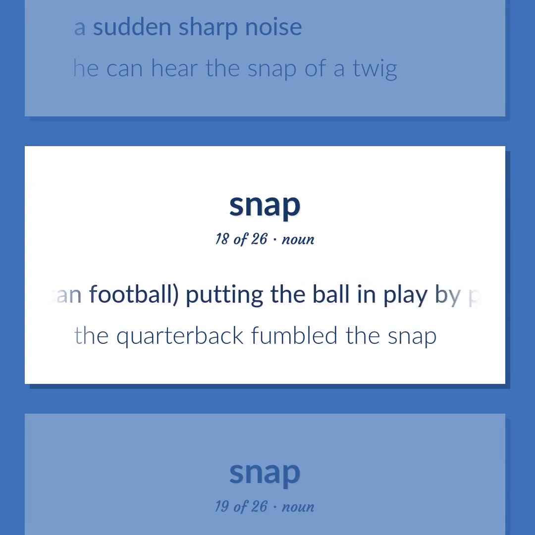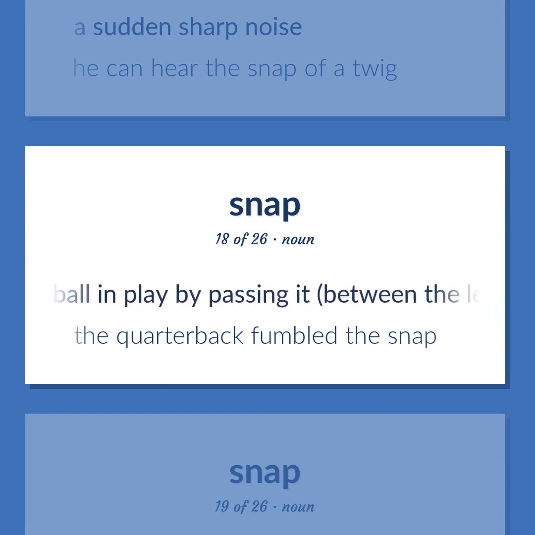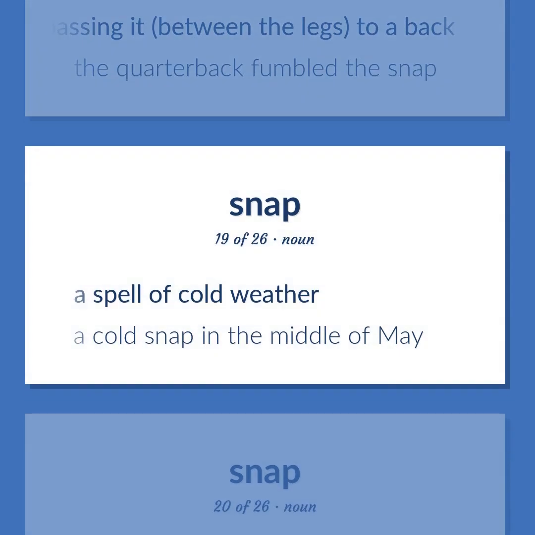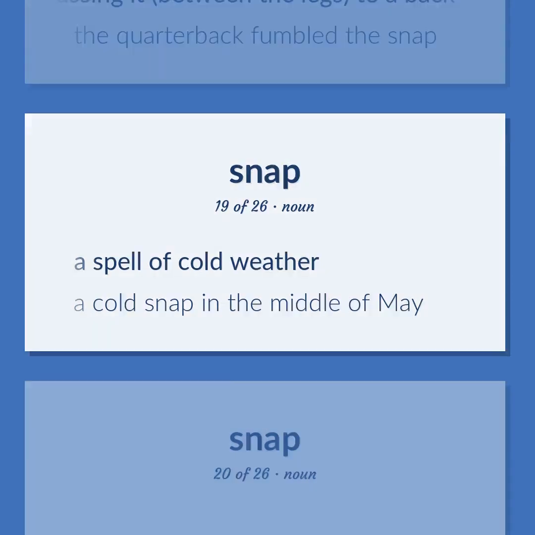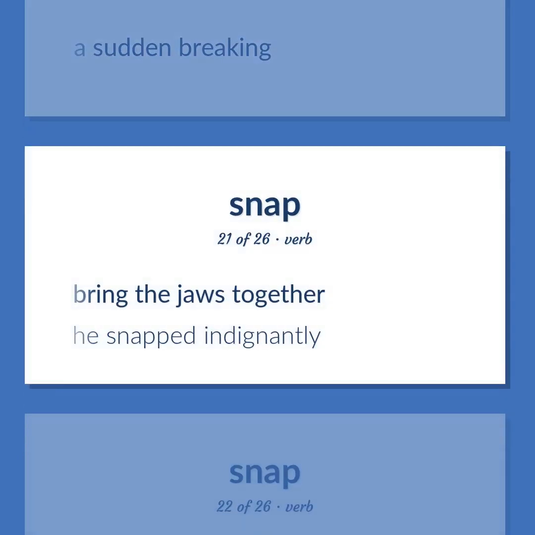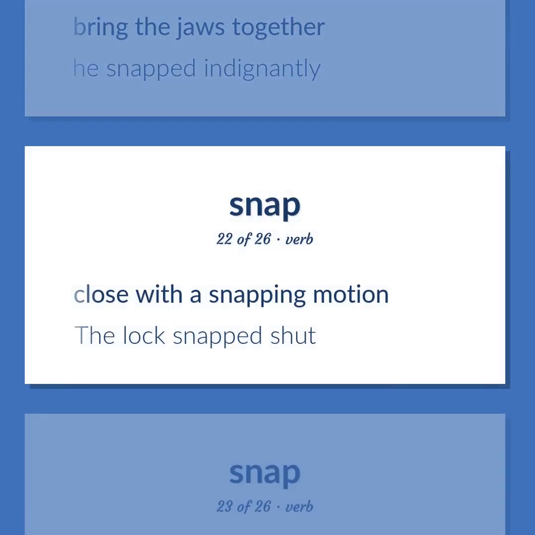American football. Putting the ball in play by passing it, between the legs, to a back. The quarterback fumbled the snap. A spell of cold weather. A cold snap in the middle of May. A sudden breaking. Bring the jaws together. He snapped indignantly. Close with a snapping motion. The lock snapped shut.